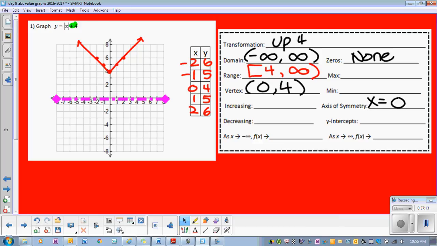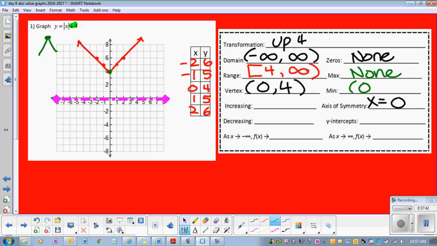Now tell me, guys, does this have a maximum or does this have a minimum? Maximum would be up at the top. It's down at the bottom, so that's a minimum, okay? Remember, maximum would be like up at the top of the carrot, okay? So maximum, we can write none.